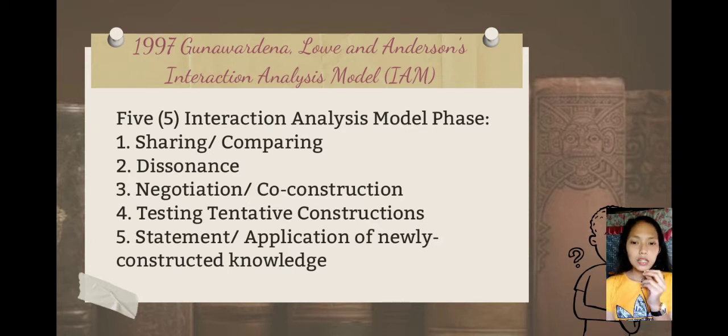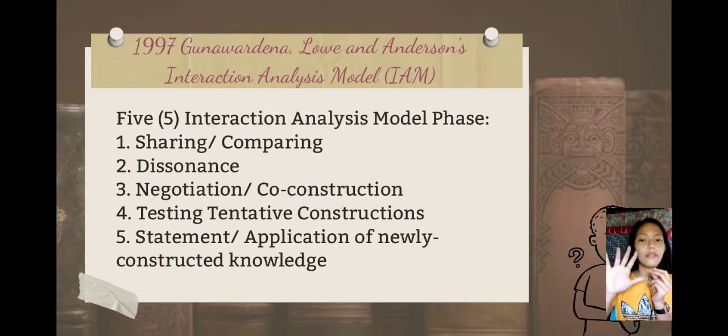Okay, negotiation and co-construction, which is defined as the negotiation of the meaning of terms and of the relative weight to be used for various agreements in the interaction analysis. Number 4 is testing tentative construction. This is where the proposed new knowledge is tested against existing theory, personal experience, or other sources that are being presented.